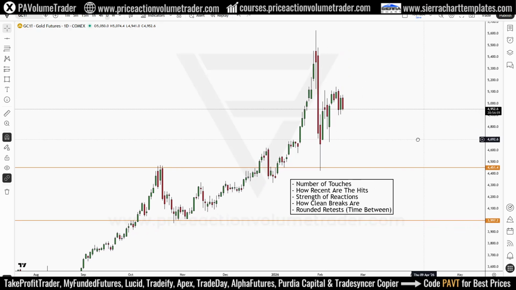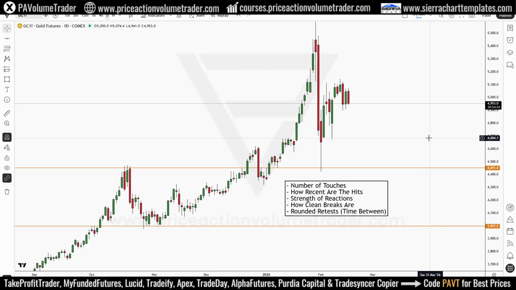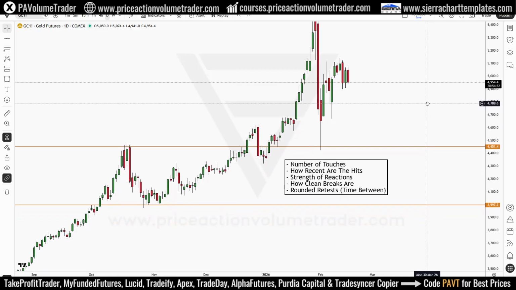And then continuing up to the top of the chart. If I go and take the level tool again, we have the same scenario. We have a cluster of resistances.